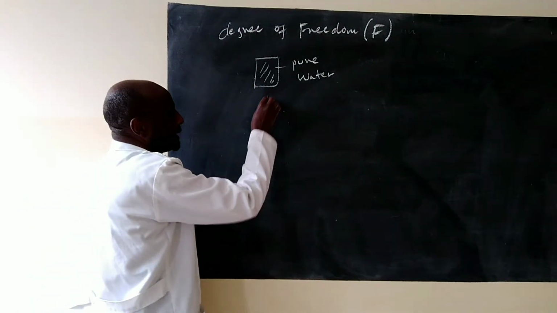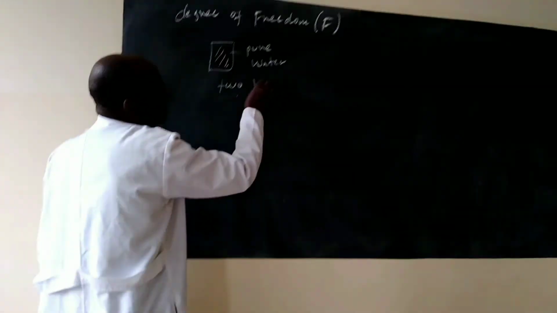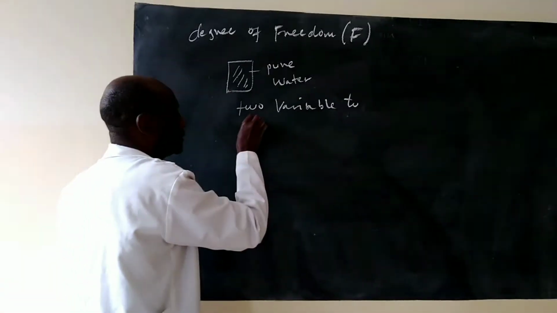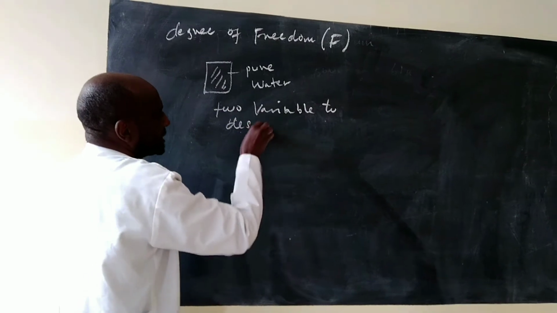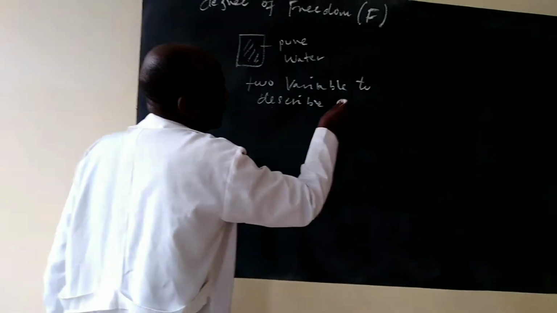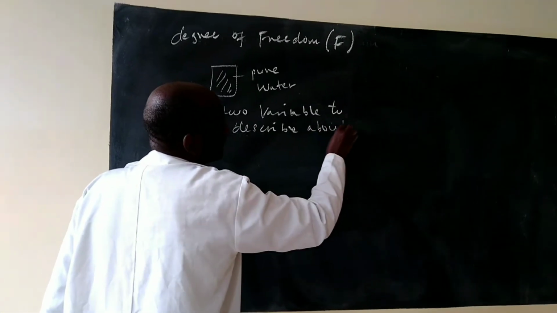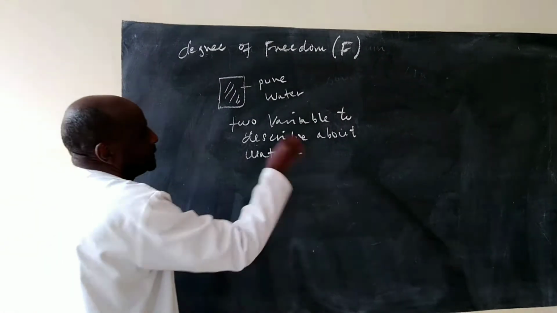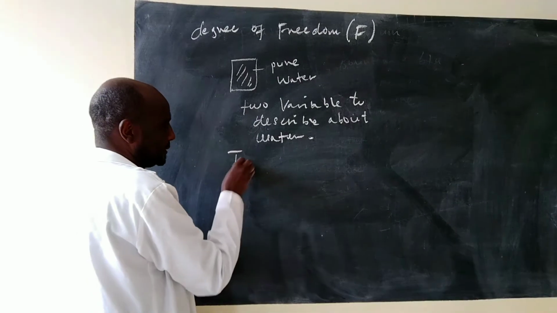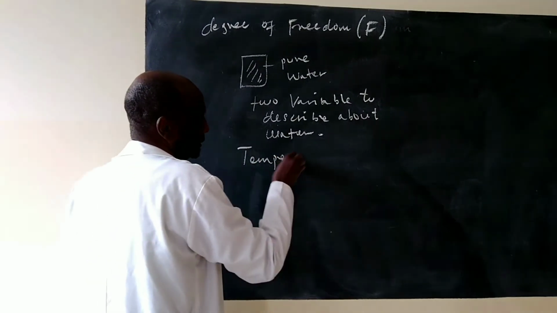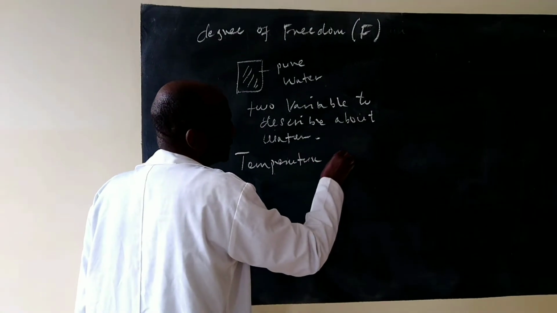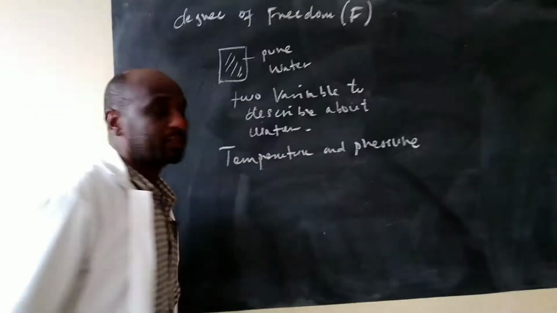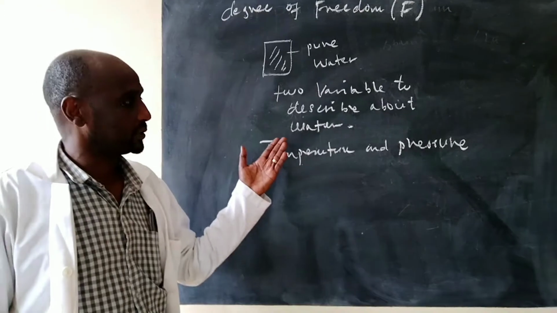We need two variables to describe the water. These are temperature and pressure. Temperature and pressure are the two variables that we need to describe the water.